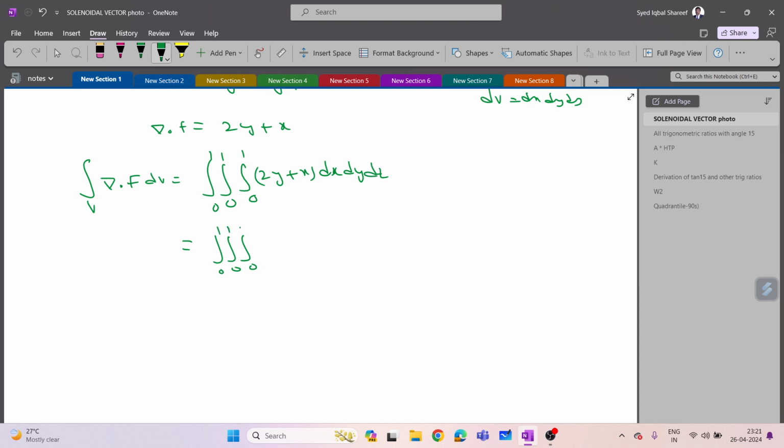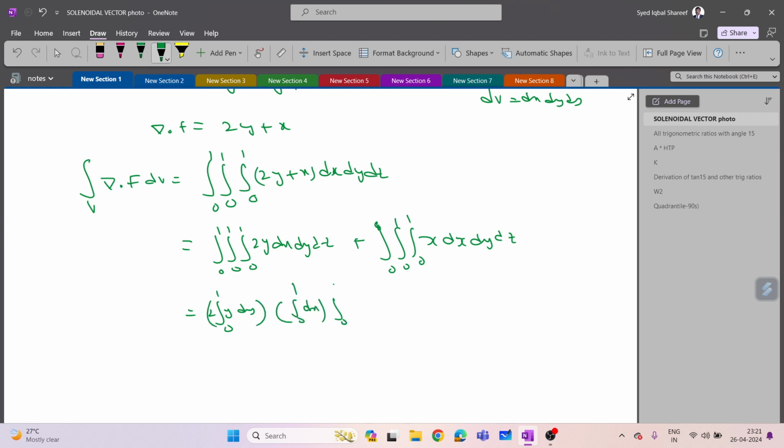Now separating the integral: the integral from 0 to 1 of 2y dx dy dz, plus the integral from 0 to 1 of x dx dy dz. This becomes the integral of 2y dy from 0 to 1, times the integral of dx from 0 to 1, times the integral of dz from 0 to 1, plus the integral of x dx from 0 to 1, times the integral of dy from 0 to 1, times the integral of dz from 0 to 1.